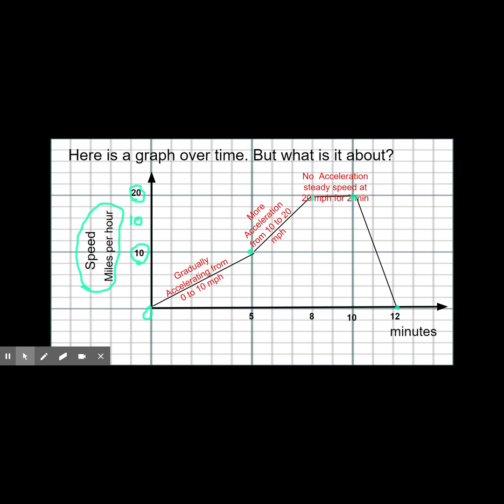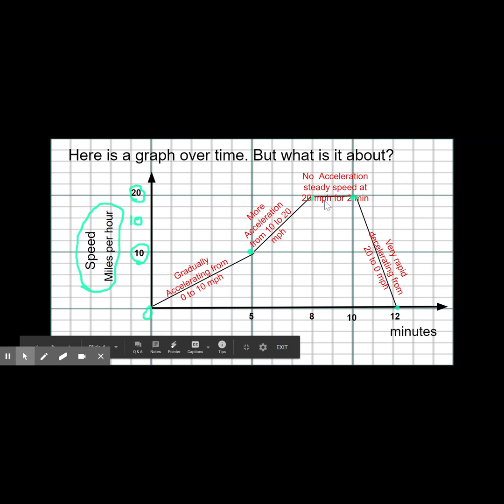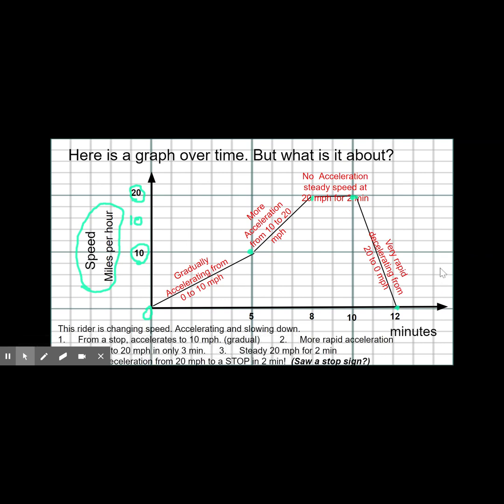And then there's a deceleration, very rapid deceleration, over 2 minutes from 20 miles per hour to 0 miles per hour. So what is this graph telling us? This rider is changing speed, accelerating and slowing down. From a stop, this rider accelerates to 10 miles per hour, quite gradual.